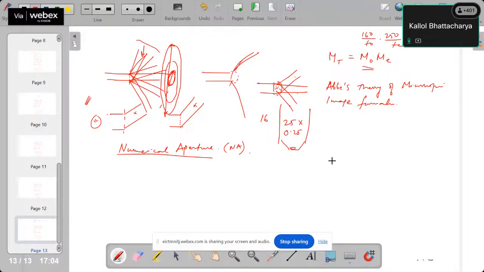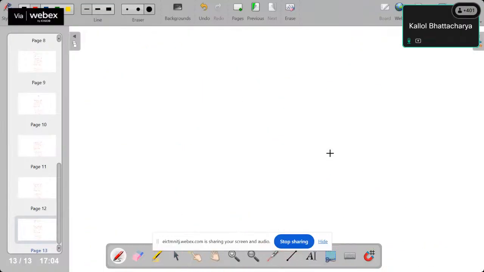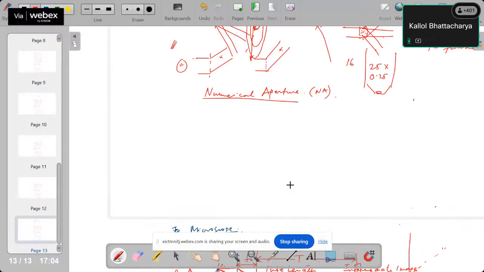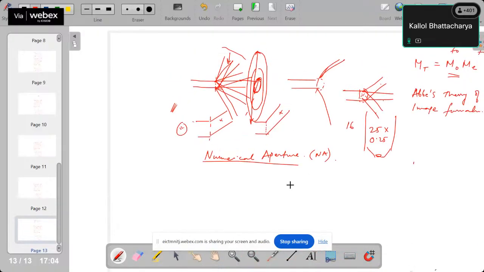Well, numerical aperture is, suppose you have an object here. But before that, let me share one thing with you. I don't know where the drawings have gone, they are vanishing intermittently. But what we have seen is the object distance for a microscope. What is the object distance?